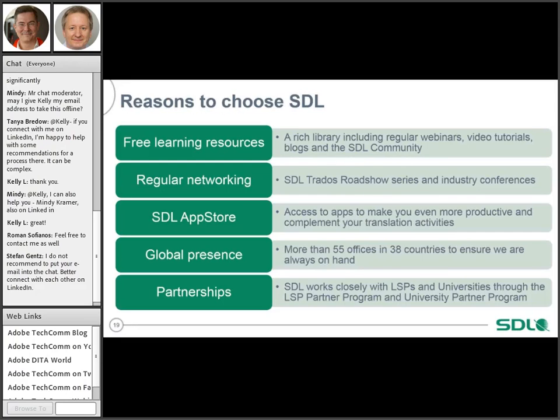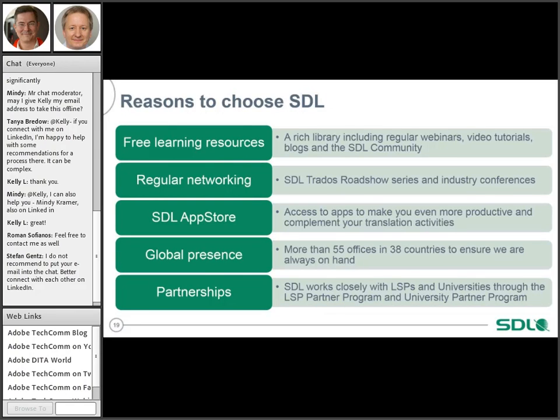We have an app store, and that is definitely one of the key reasons to choose us, because we are the only ones out there that have that. So basically, you can come to us and extend the solution by having access to more than 200 apps. So we have a very rich portfolio of additional helpers for users. And these are really apps, lightweight plugins to our platform so that you can work more efficiently.